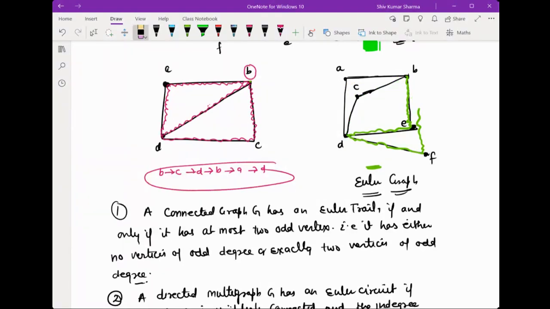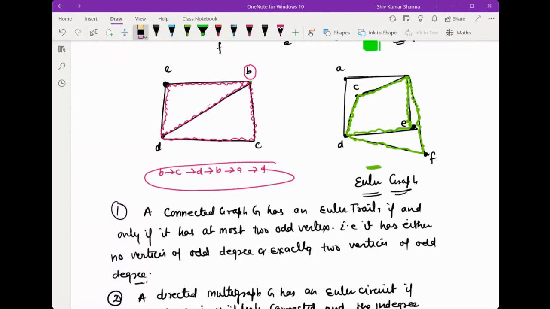So we see this example: how to say whether this graph is an Euler graph or not, that is, whether it makes a circuit or not.